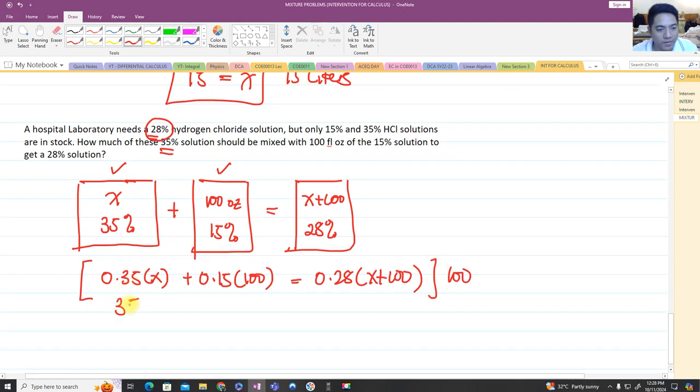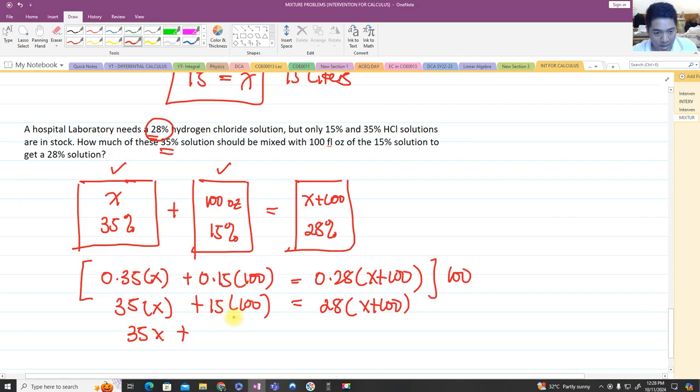So this becomes 35 times x plus 0.15 times 100 would be 15 times 100, equals, simply, 28 times x plus 100. Okay. So you have 35x plus we have 1,500 equals 28x, distribute this, plus we have 2,800.